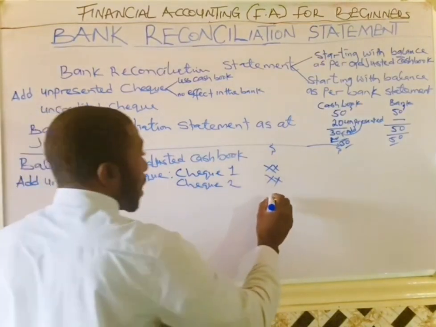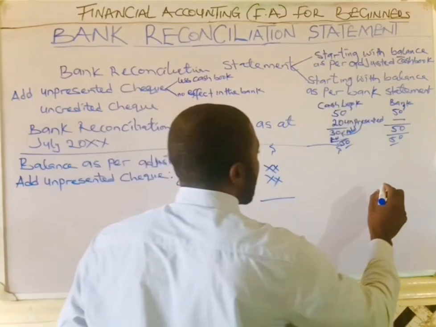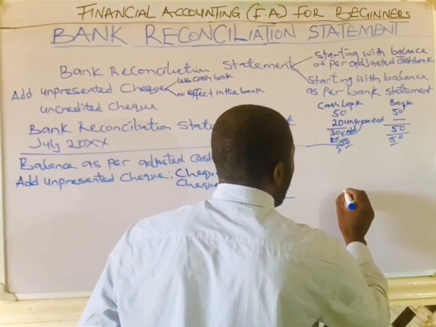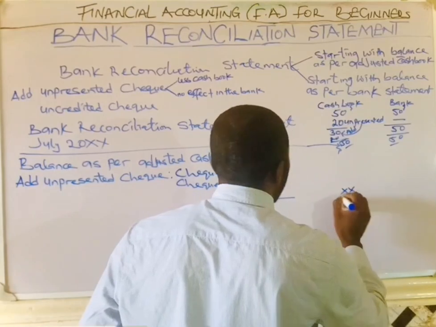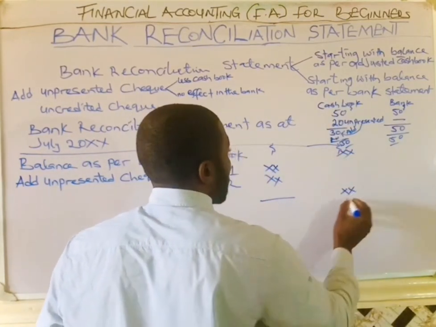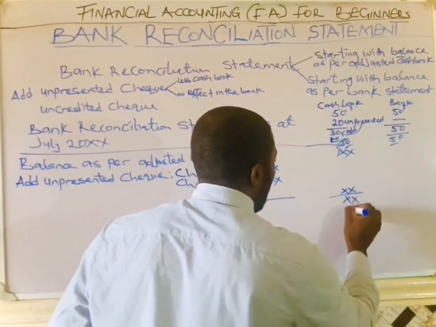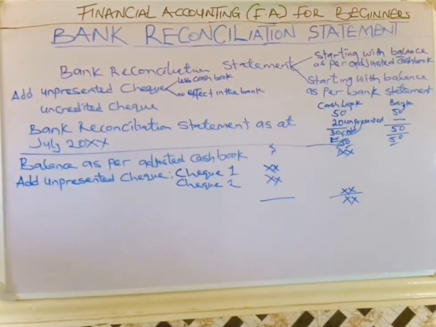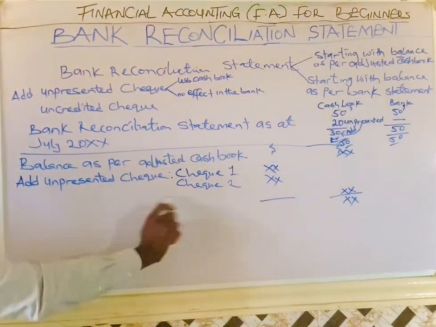So you add it, and whatever you get, you add it here. This is your balance. You add it, then you will get your balance here. I'm leaving this space, I will put an item here.